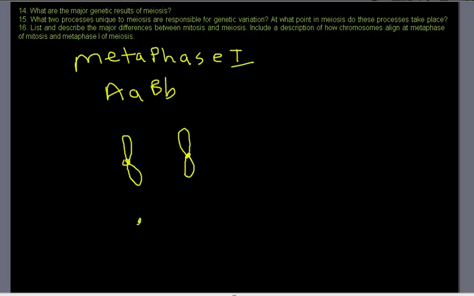You can draw chromosomes like this, and there's going to be a locus on the chromosome that carries the allele. So this is the A locus. Locus just means location. That's the location on the chromosome where the A gene lives.